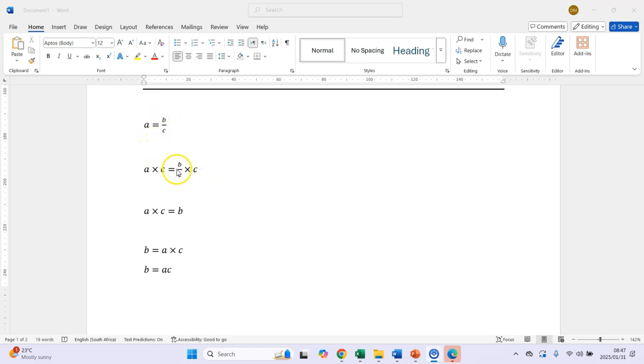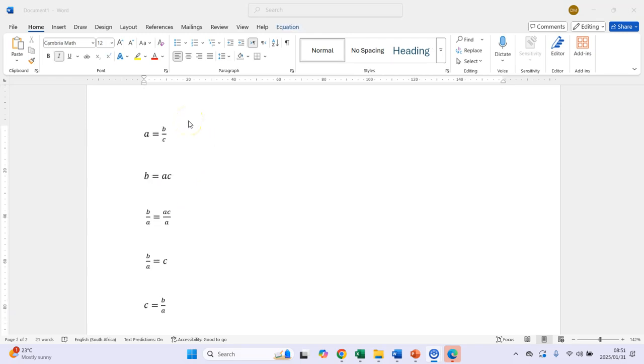So if we multiply both sides of the equation by c, that allows us to get rid of this c over here as the denominator, and we must also multiply this side by c, because what we do to one side of the equation, we must do to the other side of the equation. So what we end up with, after cancelling out these two c's, is that a times c is equal to b, or b is equal to a times c, or b is equal to ac.